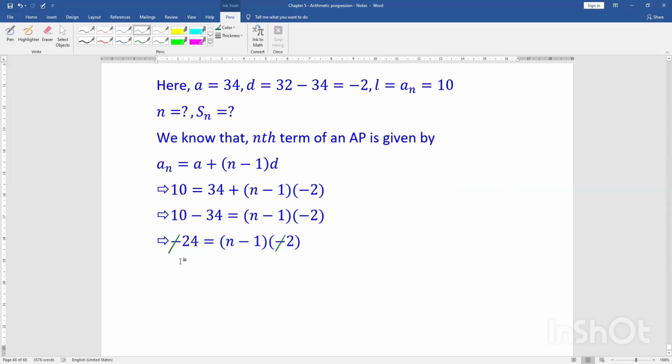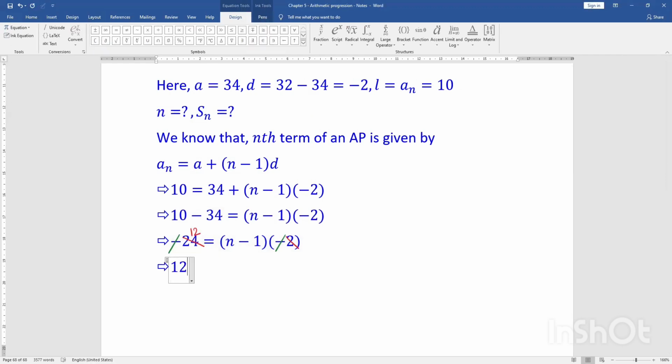Now we get 24, and we can also cancel the 2 and 24: 2 ones are 2, 2 twelves are 24.